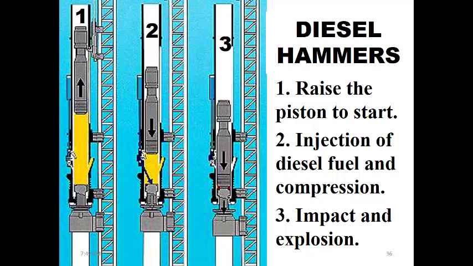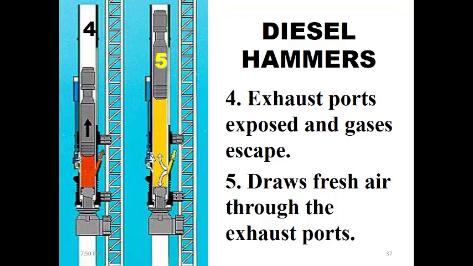While part of that energy is used for driving the pile down into the soil, part of it is used for moving the piston upwards again for the next cycle. So once it's up for the next cycle, we can just put the fuel in again and continue the process again.